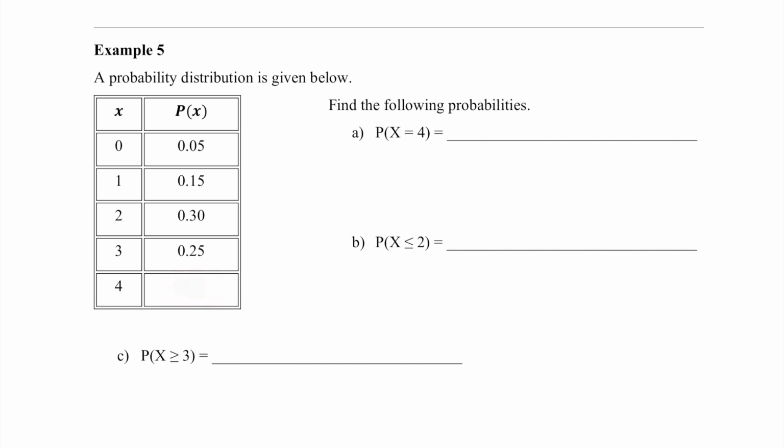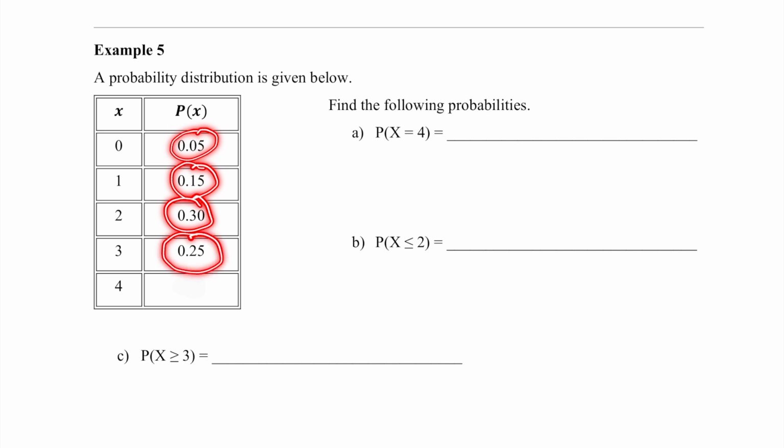So before we start answering any probability questions, we need to find the missing probability. Remember that all probabilities in a valid probability distribution must add up to 1. So let's add the probabilities that we know. We'll take 0.05 plus 0.15 plus 0.30 plus 0.25.